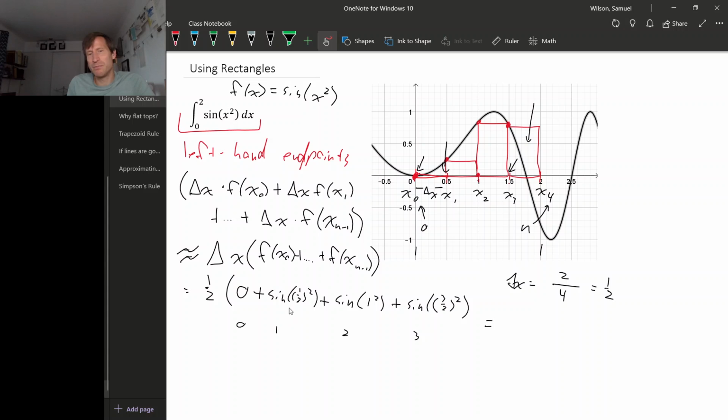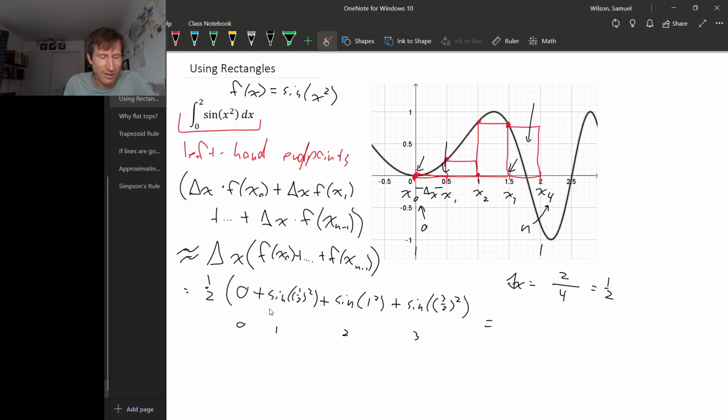We're okay with punching these values into a calculator for sine, because it's true the calculator will only give us a decimal approximation, but we're already approximating, so a decimal approximation is fine. So let's see.